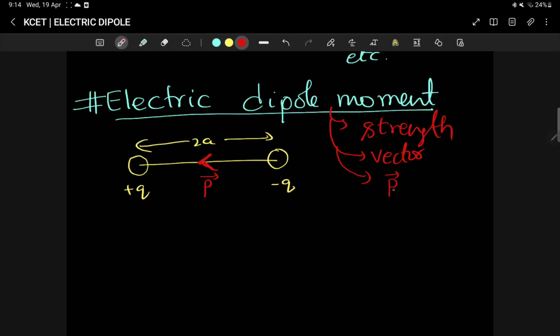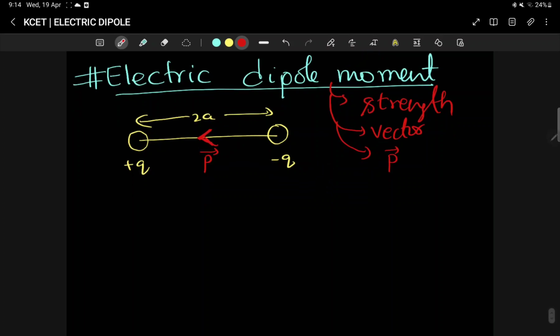Now electric dipole moment, there is a formula for that. Before that, let me define what is electric dipole moment.